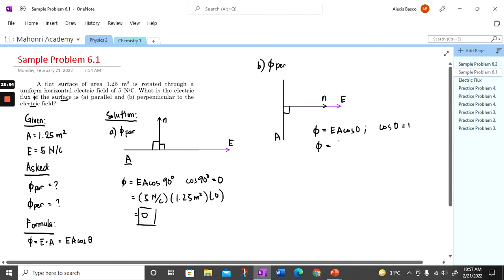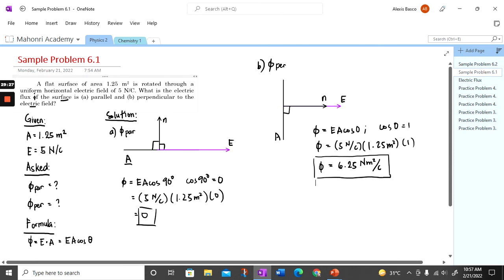So this is basically E, 5 newtons per coulomb, multiplied by 1.25 meters squared multiplied by 1. So electric flux is equal to 6.25 newton meters squared per coulomb. So that is my answer for sample problem number 1.